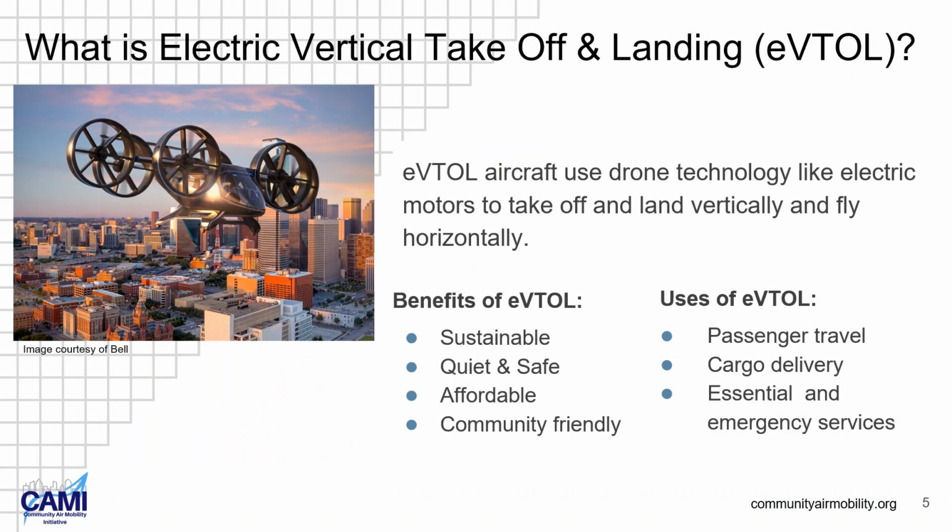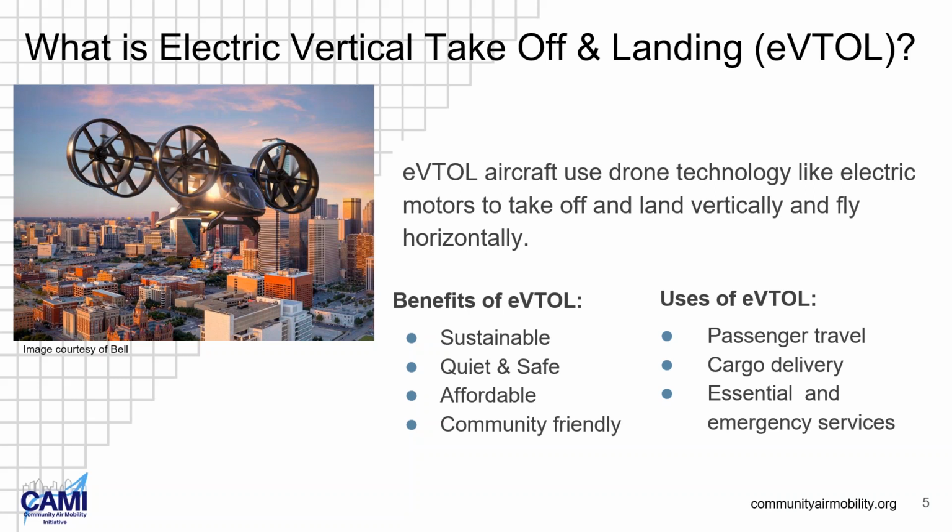So, a quick baseline on electric vertical takeoff and landing aircraft. eVTOL aircraft use drone technology, like electric motors, to take off and land vertically and fly horizontally. As you can see on the slide, the benefits of eVTOL include being sustainable, quiet, safe, affordable, and community friendly.